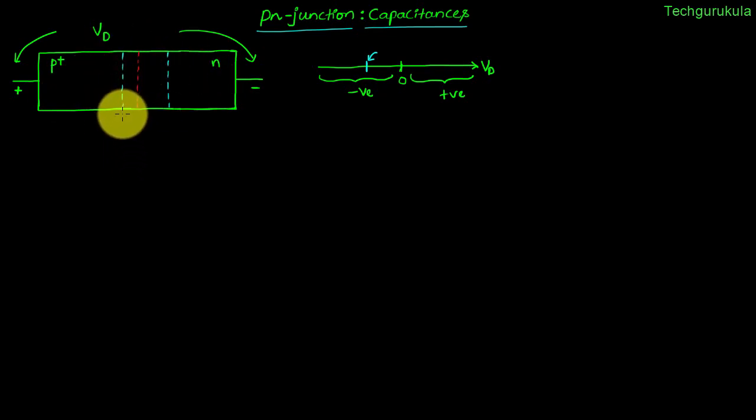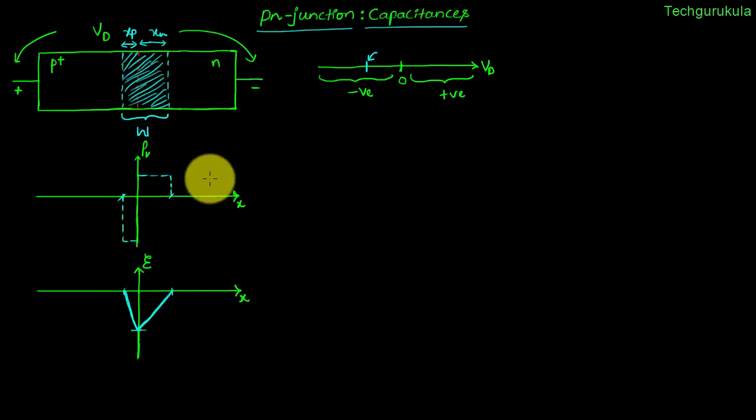And let's say this is the depletion width corresponding to that applied voltage. Let's say that is W, and the depletion width on P side, let's say, is XP, and depletion width on N side is XN, and this is the total depletion width at the PN junction. And this is how the charge concentration is distributed, and this is how the electric field in the PN junction is present.